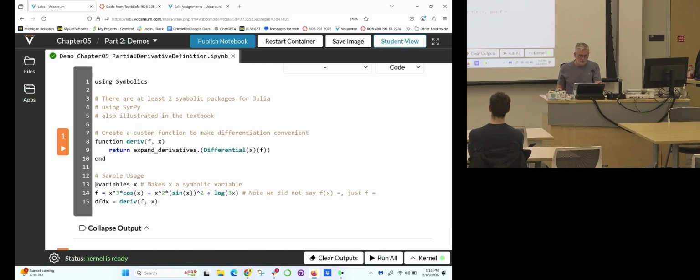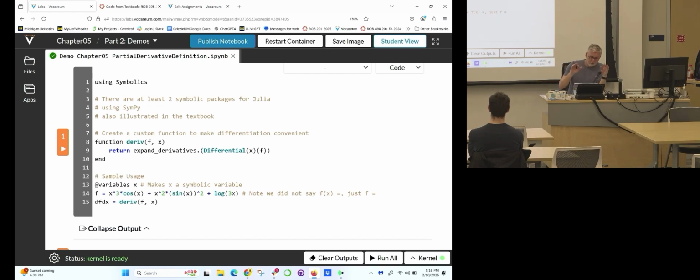So here we're using the symbolic toolbox. Symbolics is the native symbolic manipulation toolbox in Julia. You see there on line 4, commented out, using SymPy. SymPy is a symbolic toolbox developed for Python. The py is for Python.